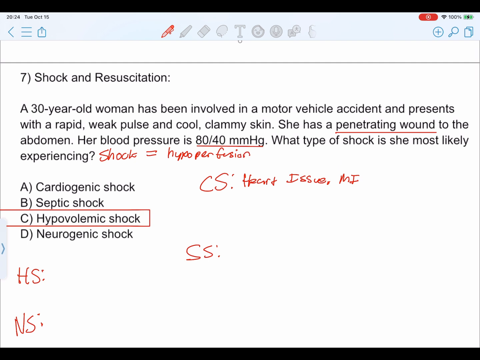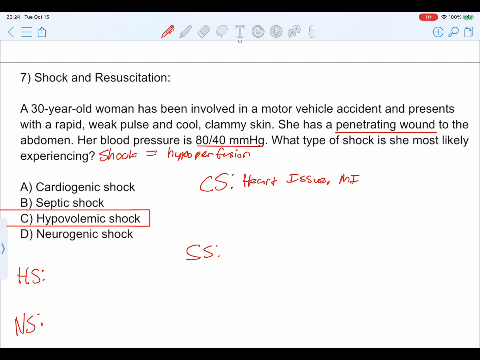But if you don't know, shock is equal to hypoperfusion, which is lowered perfusion. Perfusion refers to the oxygen reaching the blood and the blood reaching the body and the body receiving that oxygen. Hypoperfusion, that's lower than what it should be.